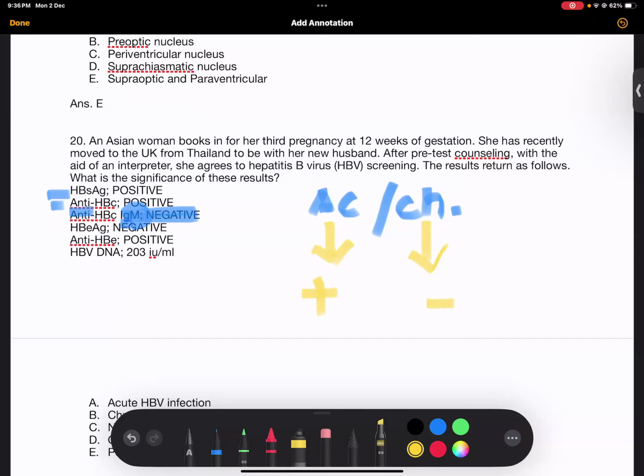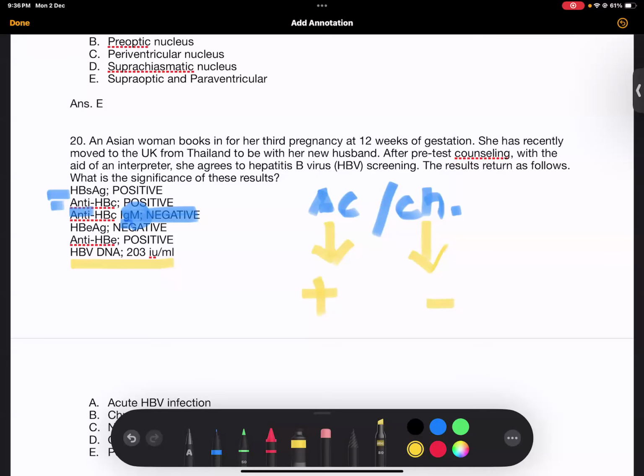This is actually the highest transmission rate of the infection. Anti-HBe is also positive, and HBV DNA is positive. This is the titer of the HBV DNA, so 203 is present. So just by looking at the first 2-3 things, you can diagnose whether it is acute infection or a chronic infection.